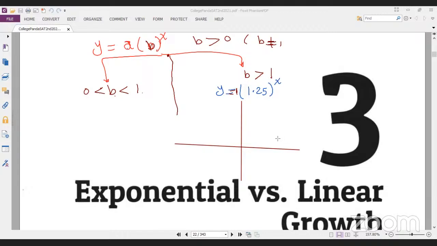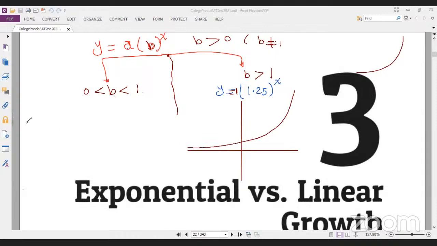Okay. What it looks like here is very easy as well. If b is more than 1, the curve is like this, but the slope or the gradient of the curve, by the way, a curve has no gradient.